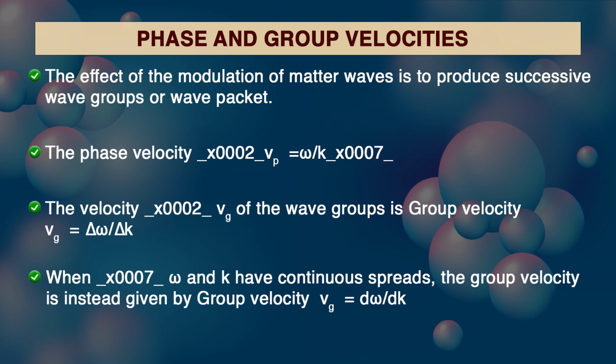When we put in the frequency of this matter wave, it is equivalent to mc square by h, because h nu is equivalent to mc square. We can equate the photonic energy with the mass-energy equivalence to get the frequency, and lambda is equivalent to h upon mv.